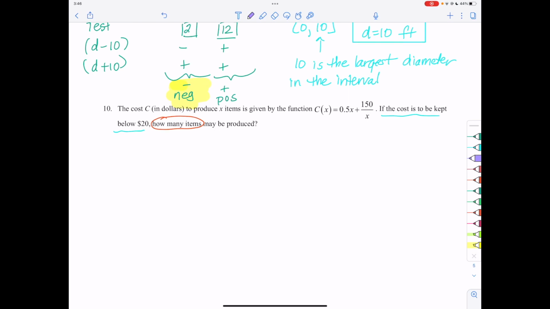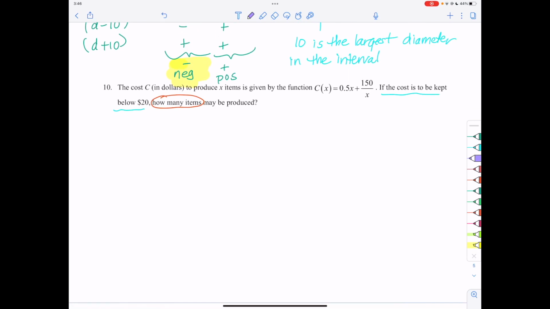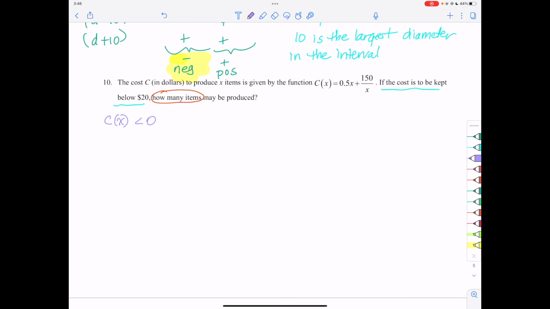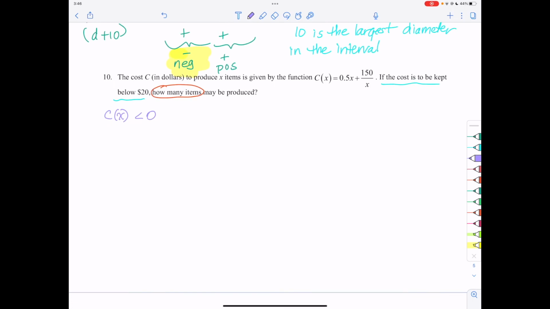So let's go ahead and set C of x is less than... 0.5x plus 150 over x is less than, it shouldn't be 0, it should be 20.